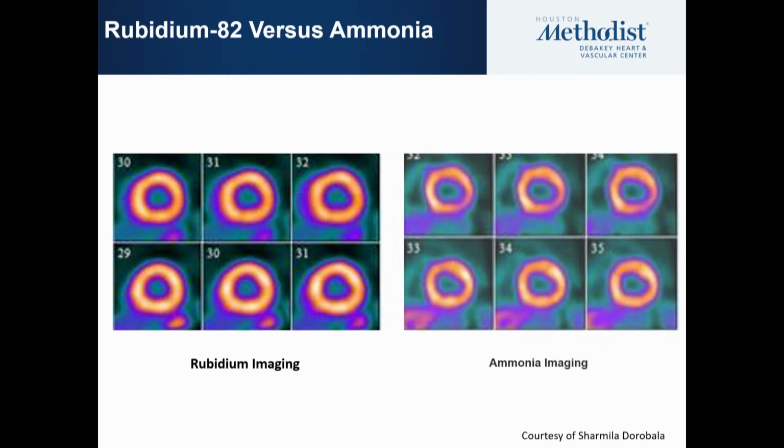Here I'm showing you two images of the same patient, rubidium and ammonia. You can see that the thickness appears a little thicker on that one. It's not because the patient has LVH, it's just because the rubidium moved a little bit before it got imaged, so you end up with a little bit of blur.